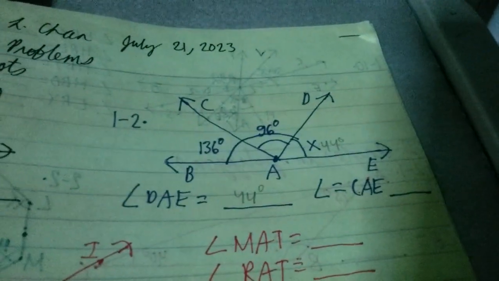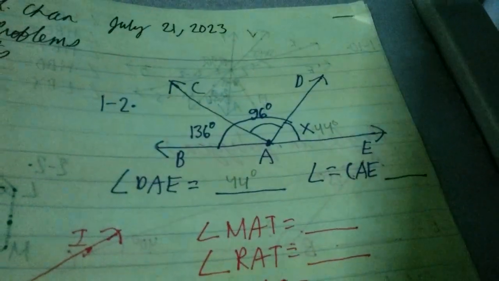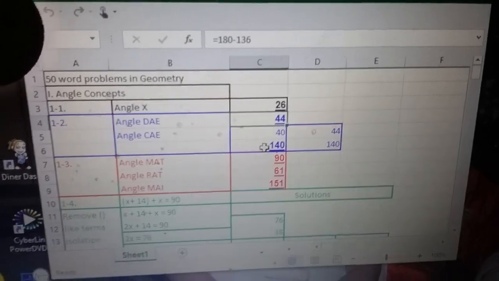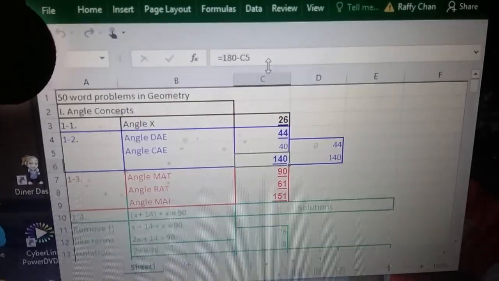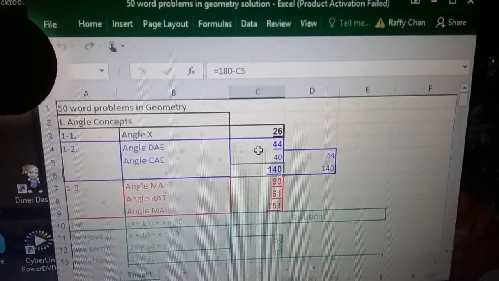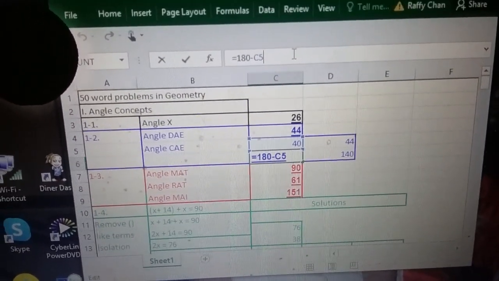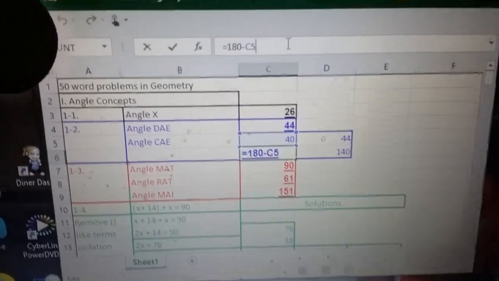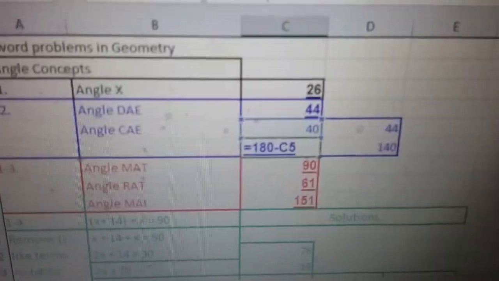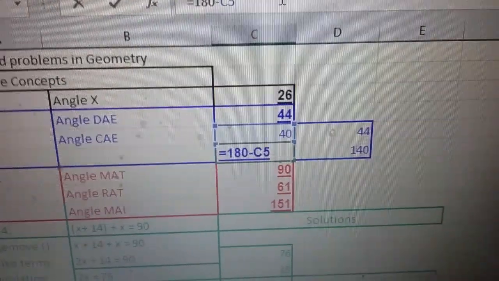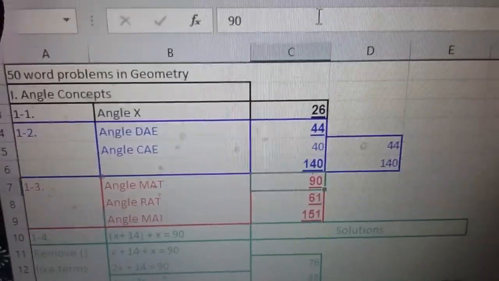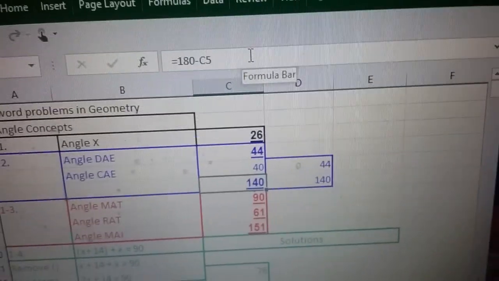So when you add this up all together, what's the sum? Angle CAE, ito yung formula ginawa ko. It's 180 minus C5. What is C5? Let's see what it is. Ayan, C5, which is the cell here, the highlighted cell, which is in number 40, di ba? And you should get 140 degrees.